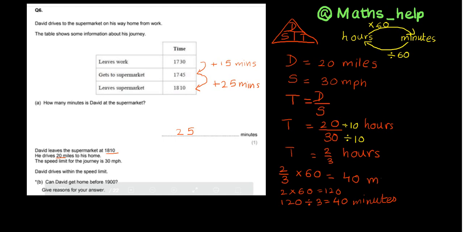Okay, I've run out of space here, so I'm going to go back on the sheet of paper and the 40 minutes, I hope this is clear, is the time it will take him.